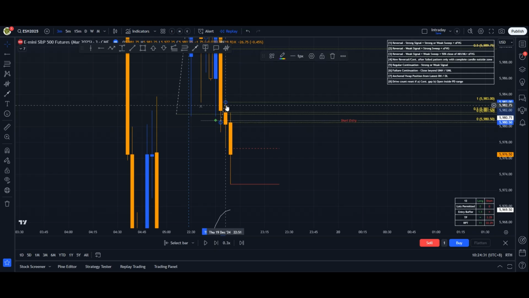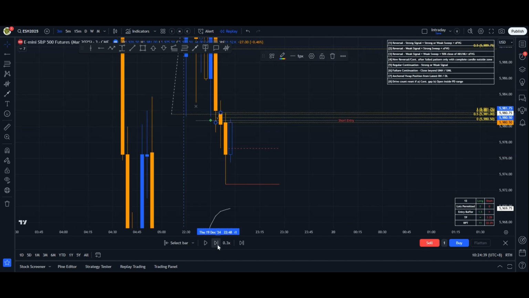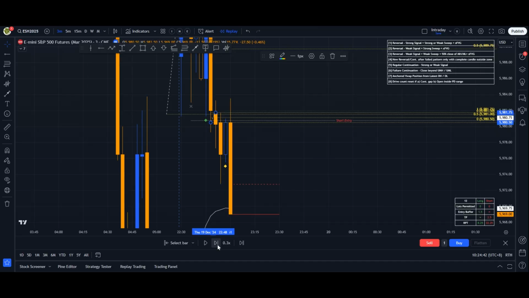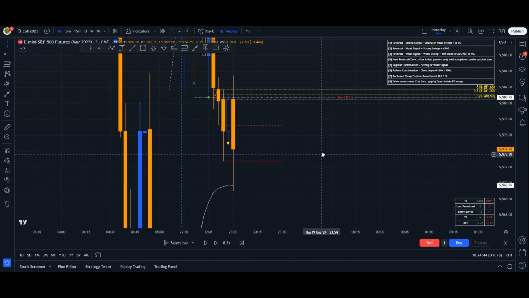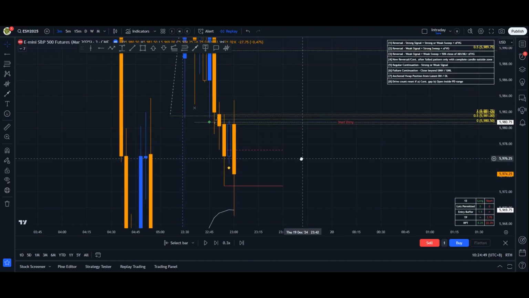So when this bar got printed, I had my stop loss moved here, and once this got printed, yeah.